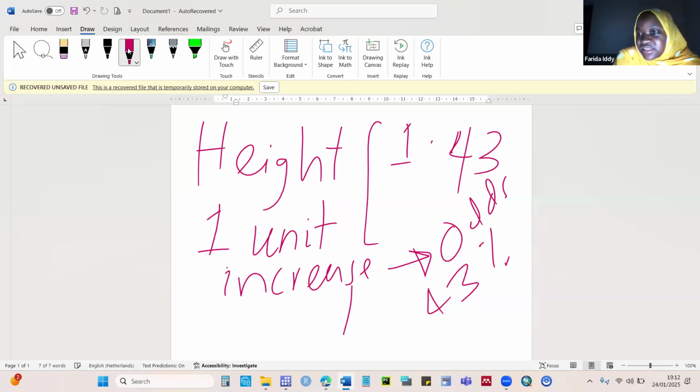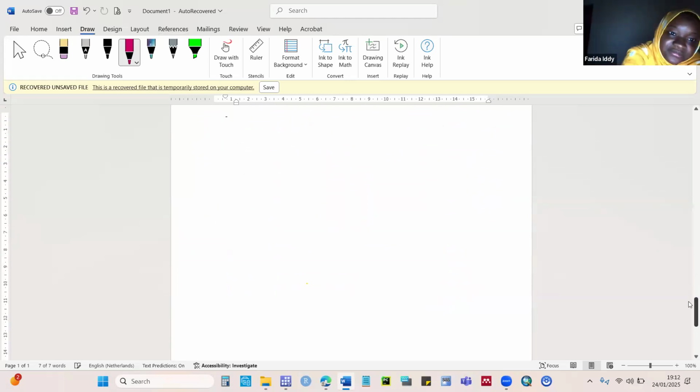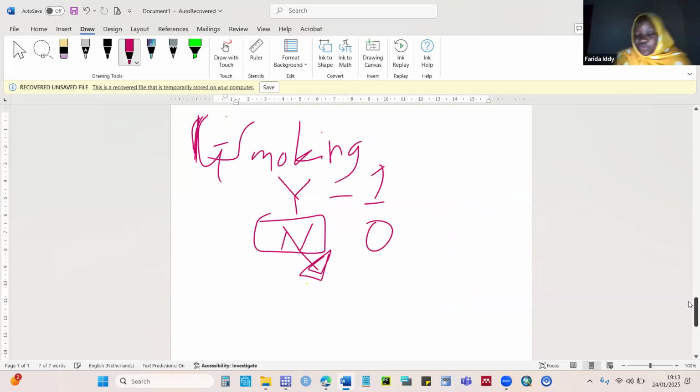But if we are dealing with categorical, let's say we have smoking status, which is yes, no. So if we put this as 1 and 0, this is our reference group.